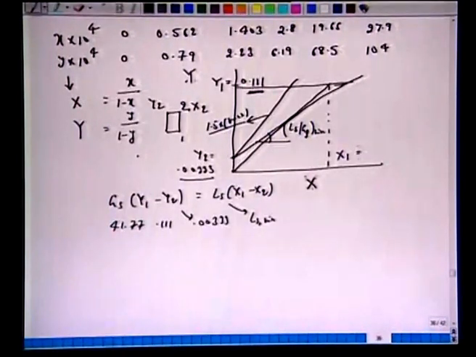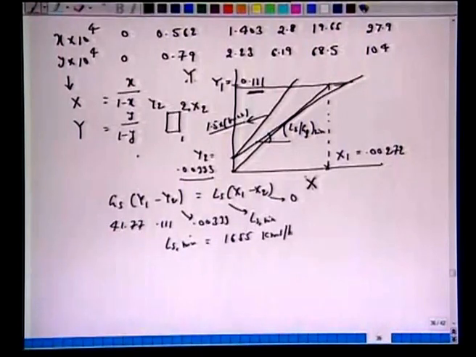So, this x1 based on this tangent where it makes a tangent here will turn out to be 0.00272. So, if you look at it very carefully, this is 0.00272 and x2 is of course 0. So, based on this we can obtain Ls min as 1655 kilomole per hour, all right.